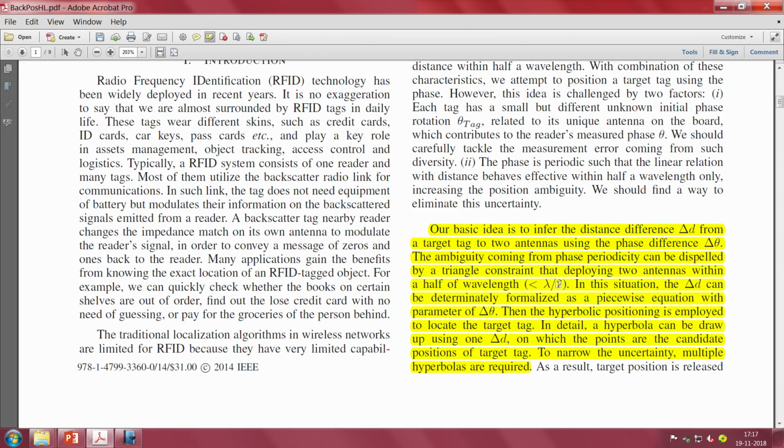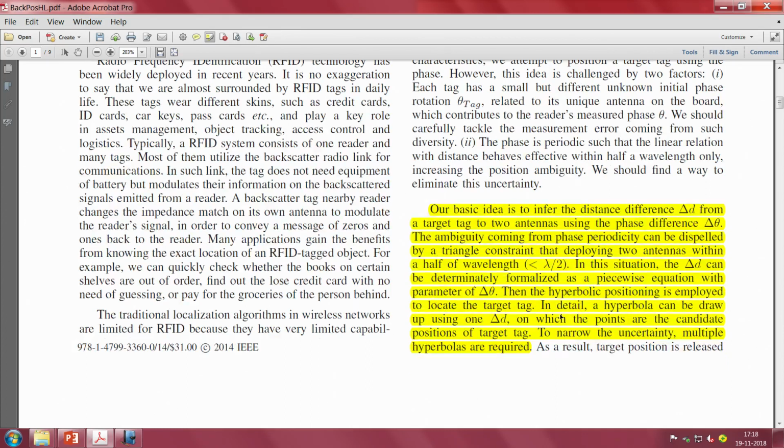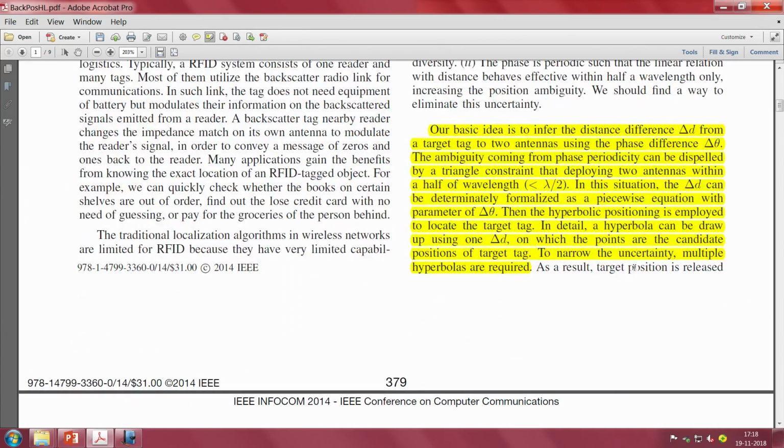So, that means A, the term A that we remember very well, should be less than lambda by 2. In this situation the delta d can be determinately formalized as a piecewise equation with parameter delta theta, right. Then the hyperbolic positioning is employed to locate the target tag.